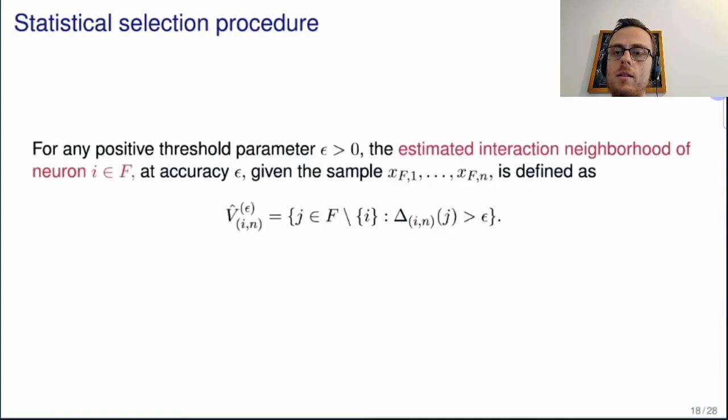And this reasoning leads us to the interaction neighborhood estimator considered in this lecture. So how is it defined?